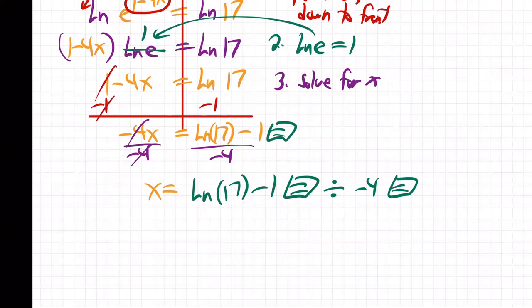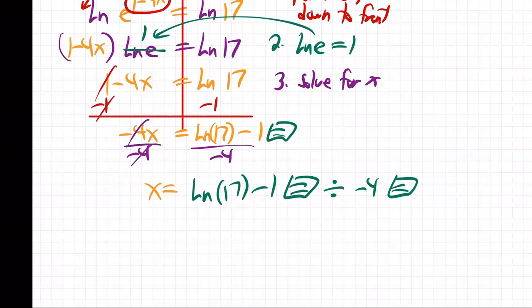So instead, when you're done with the top, this always goes for a fraction that you're putting into your calculator. Whenever you have more than one item in the top of a fraction, you have to hit equals when you're done with the top before you divide by the bottom. That way, it calculates the whole top and divides the whole top by the bottom rather than just the last number. And so when you do that, let's see, I'll do it on my calculator. ln 17 minus 1 divided by -4.